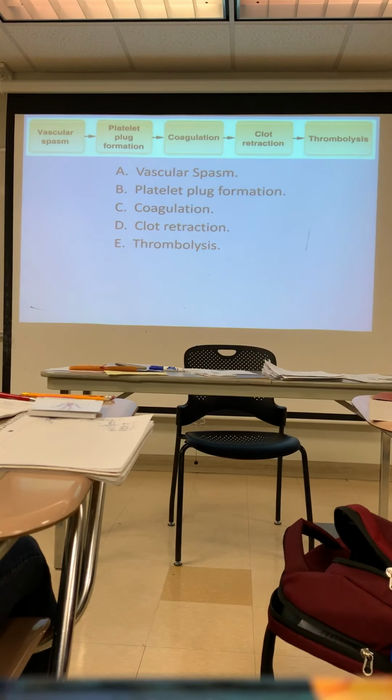Okay, number 1, vascular spasm. What does it mean? When the blood vessel is injured, there's some spasm, right? Yes. And then platelet plug formation. It will form a plug. Coagulation. Coagulation means there is a putting together of all of those elements in the body.